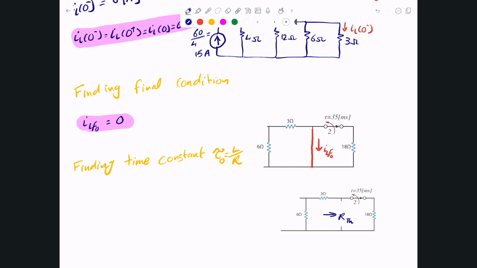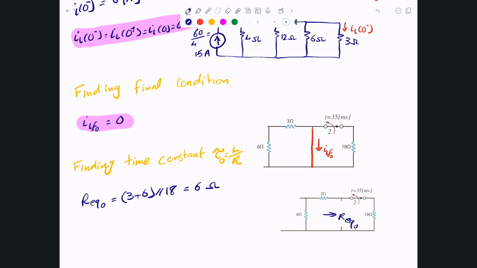Not necessarily R Thevenin, but basically R equivalent in here, because this is the resistor seen by the inductor. So that simply becomes R equivalent, and I'm going to call it R equivalent 0 because it's the first one. It will be just simply 3 plus 6 in parallel with the 18, and that number would be 6 ohms.